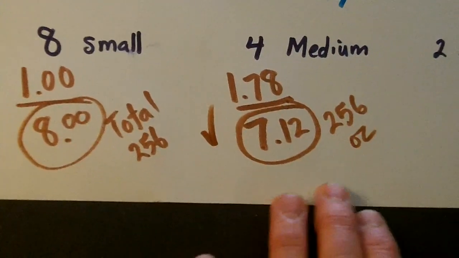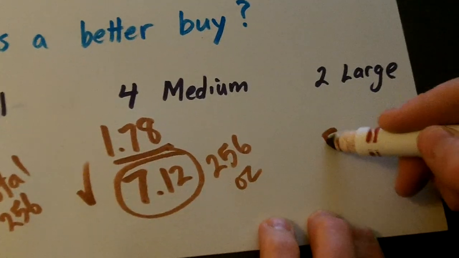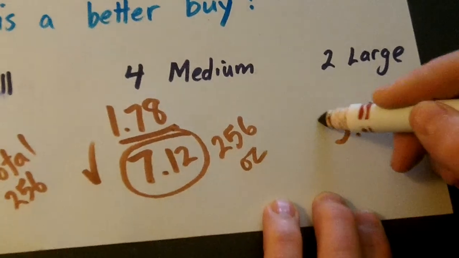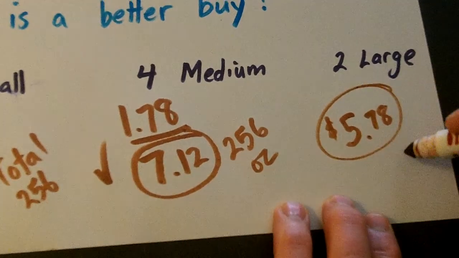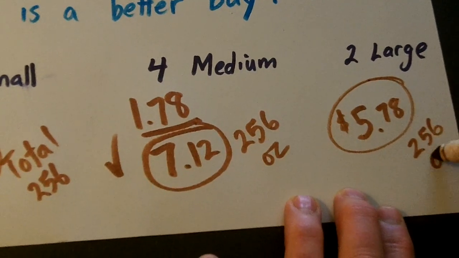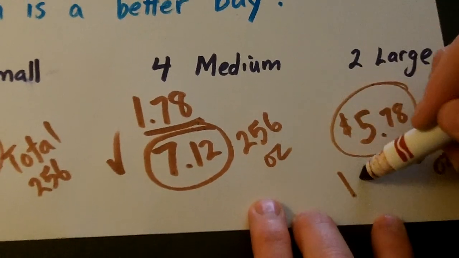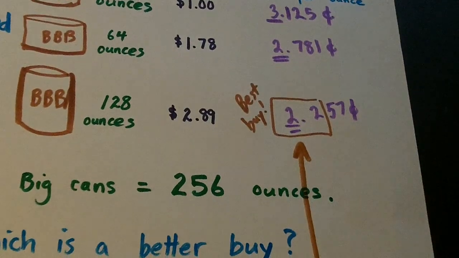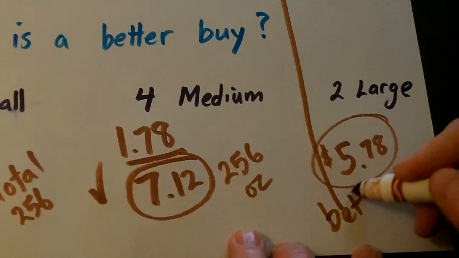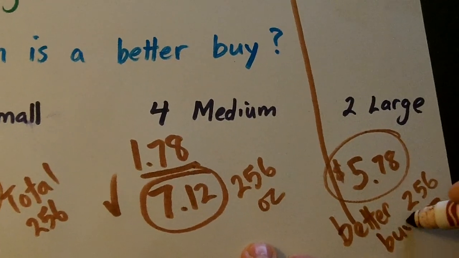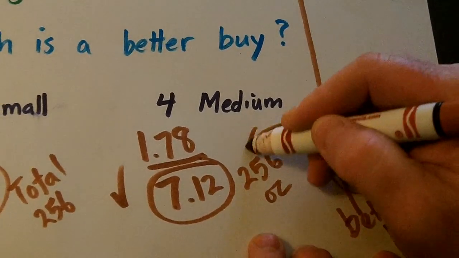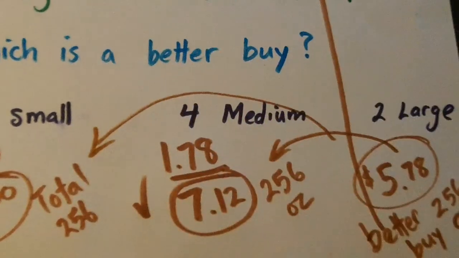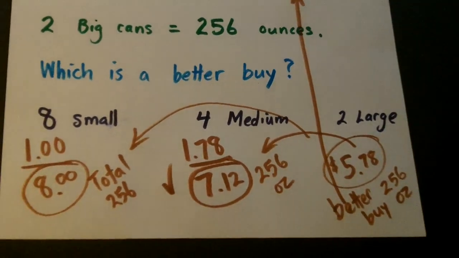This is a better buy so far. But 2 of the large ones only cost $5.78 for the same 256 ounces. So we proved that this is a better buy because this is cheaper than both this and this. Okay? Thank you.